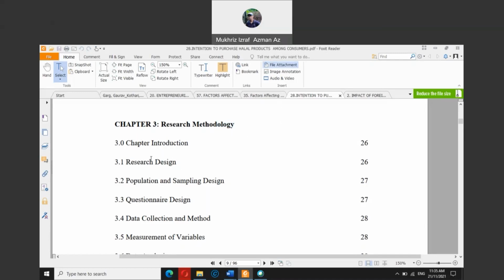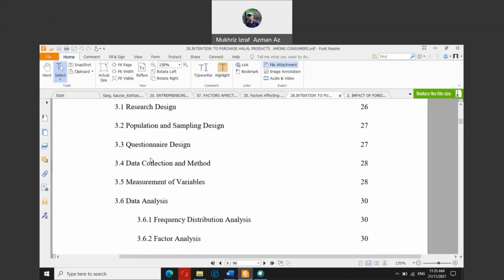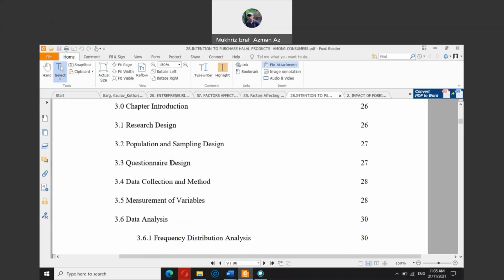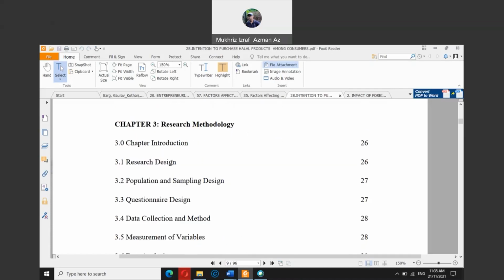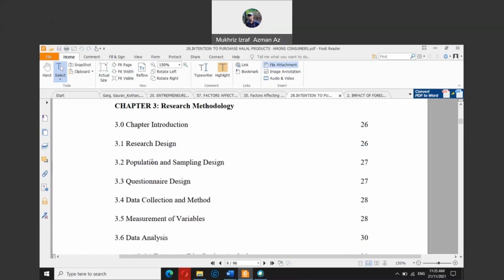If you look at different theses, they may have different styles of outlining the research method, but the main contents that you should have in a thesis, especially if you are using primary data, are the population and how you construct the sampling design.